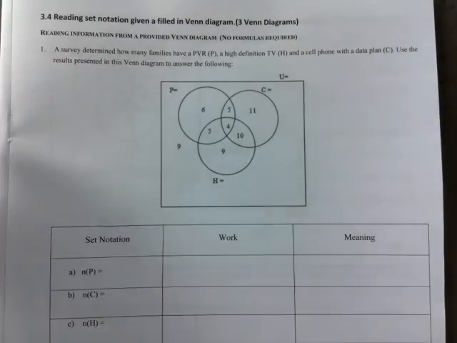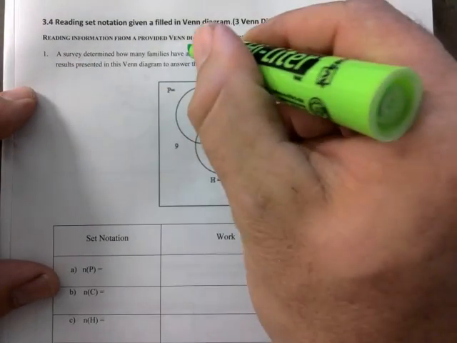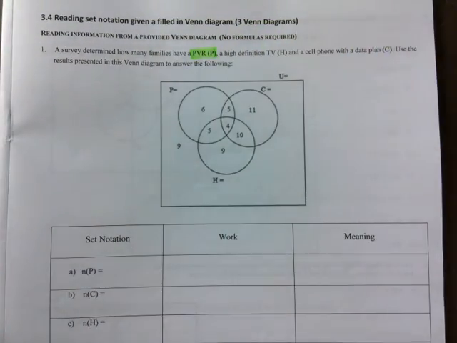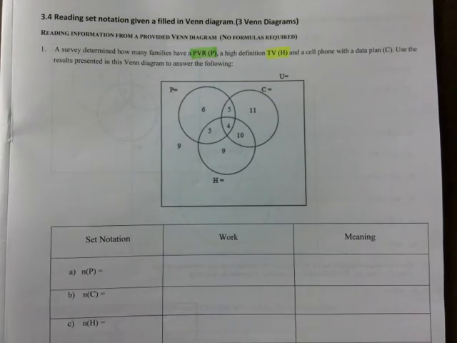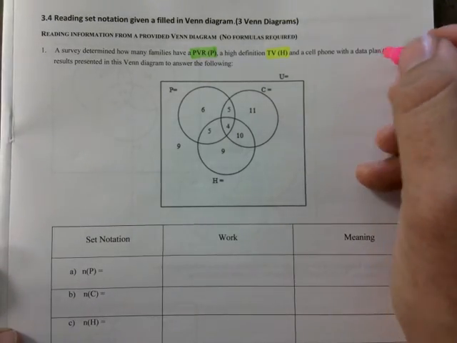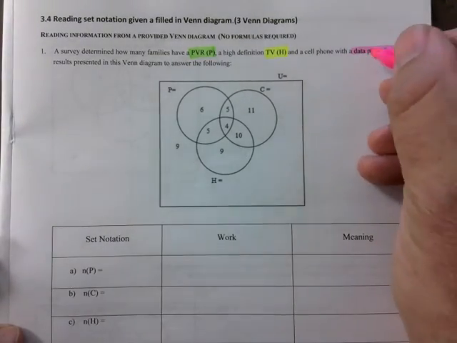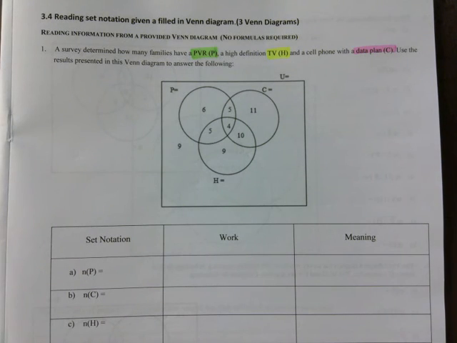So you have a survey that determined how many families have a PVR, a high definition TV, or a cell phone with a data plan. We're gonna call that C. Okay, so you've got your 3 different sets there, and when you have a diagram that is partially filled in, how many sections are there?